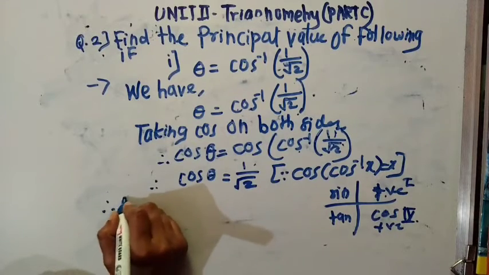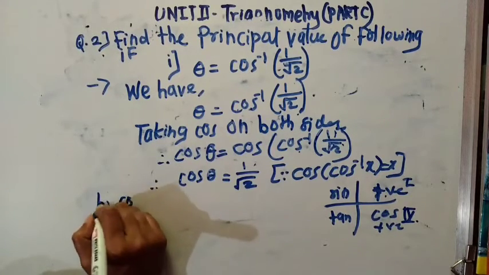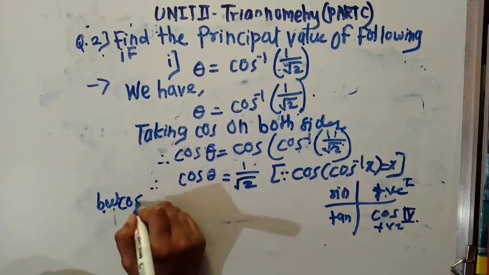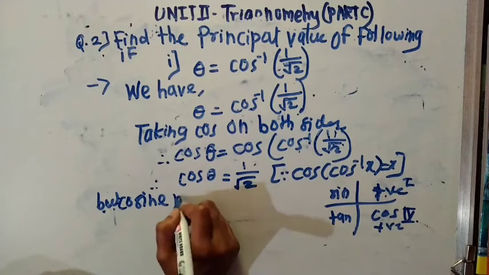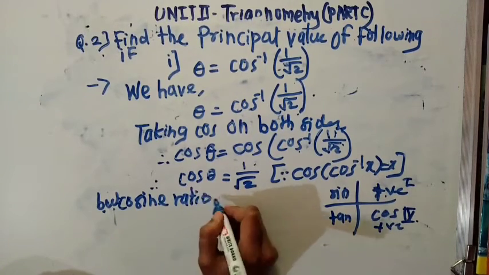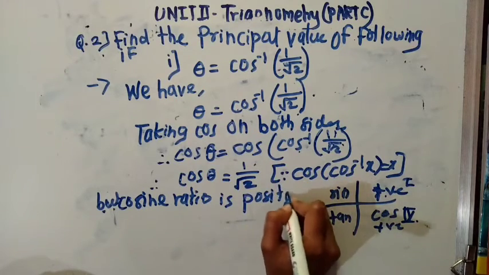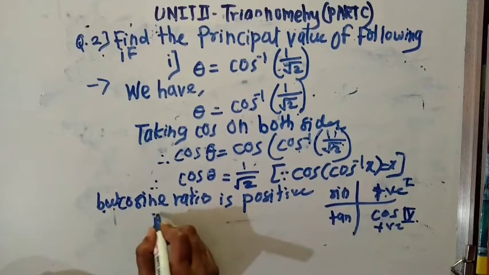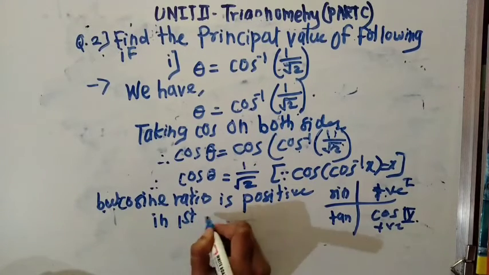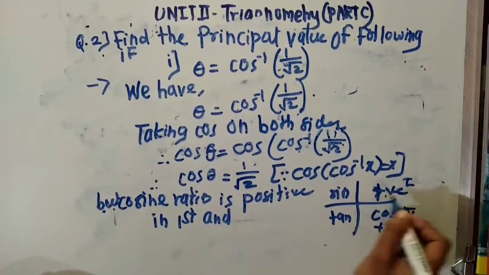Hence, the cosine ratio is positive in first and fourth quadrant.